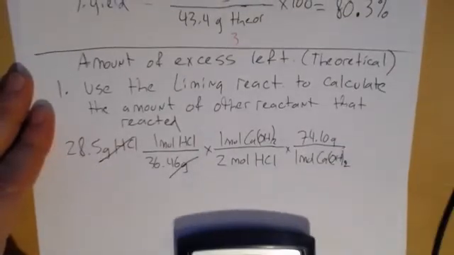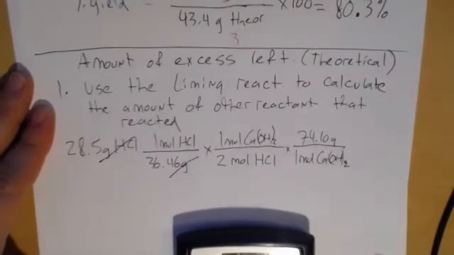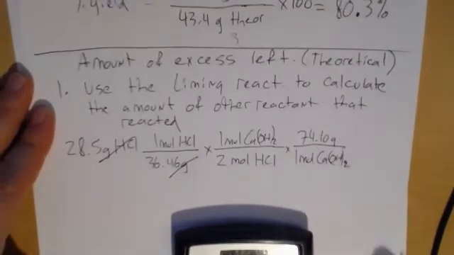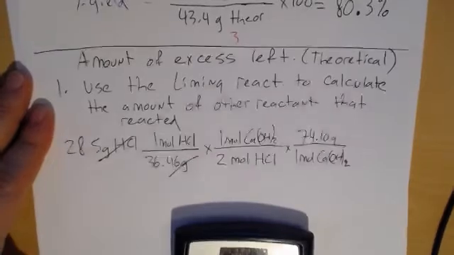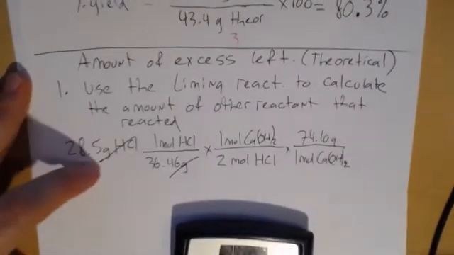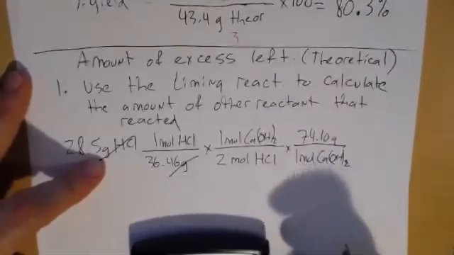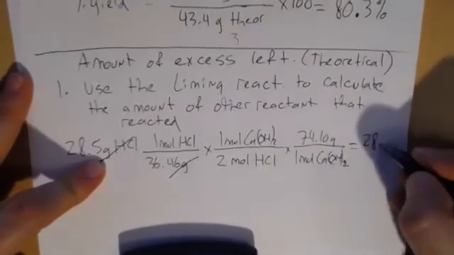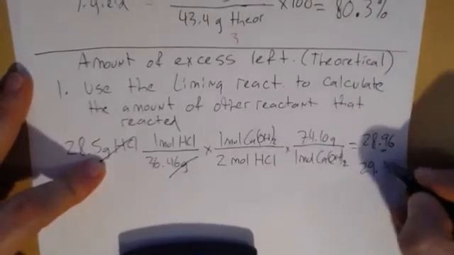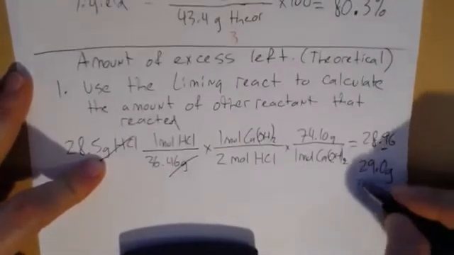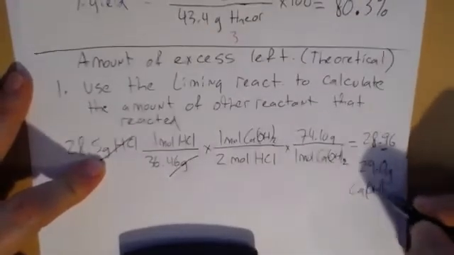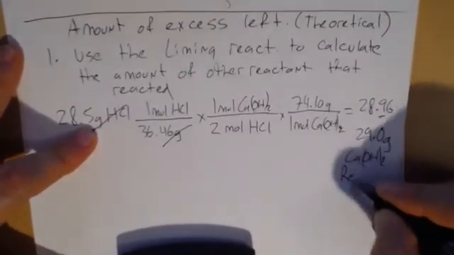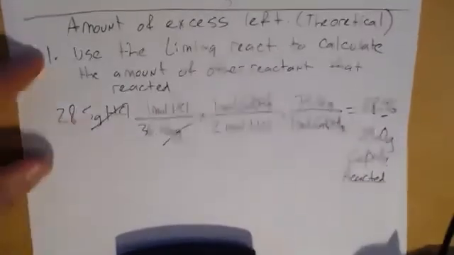And so this is going to give me the amount reacted. And it looks like 3 sig figs because of that. And so I get 28.96. Well, it's 3 sig figs, so it would actually be 29.0 grams of calcium hydroxide reacted. Okay, so that's the first step.